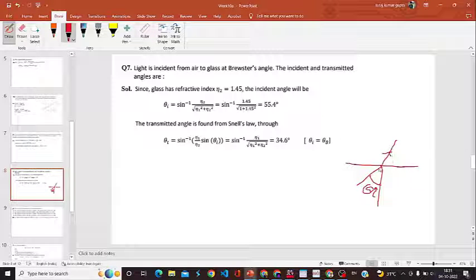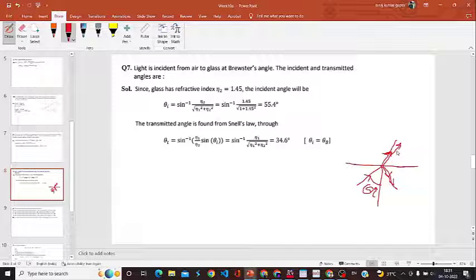Means reflection will not take place, the total transmission will take place. Sorry, actually this will be transmission instead of reflection. So the total wave which is incident here will be transmitted to region 2. There will not be any kind of reflection here.